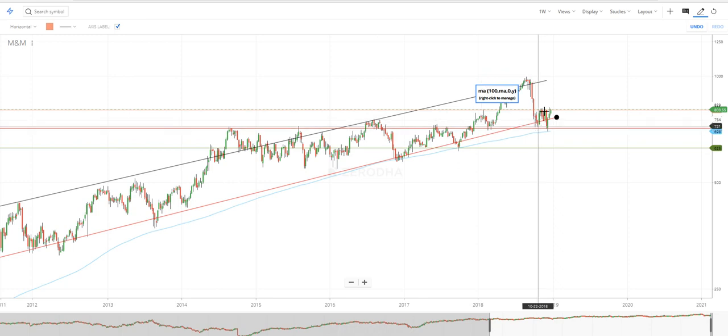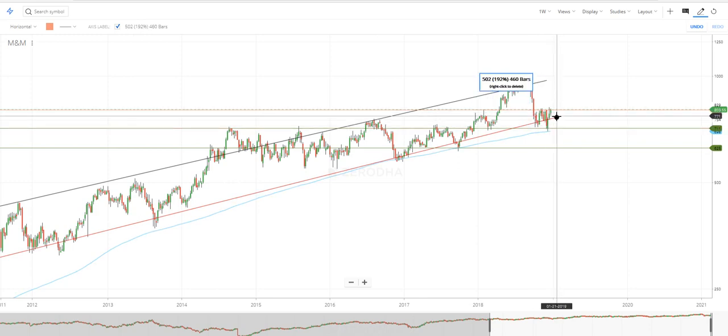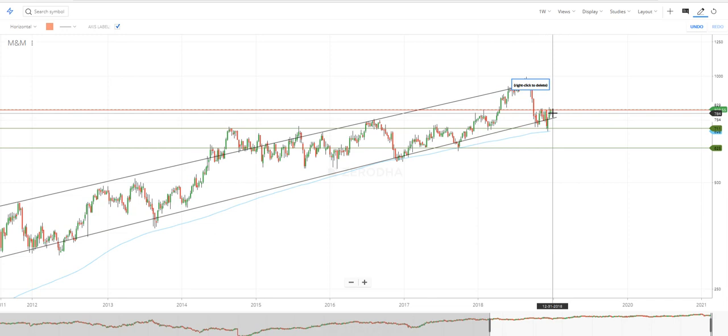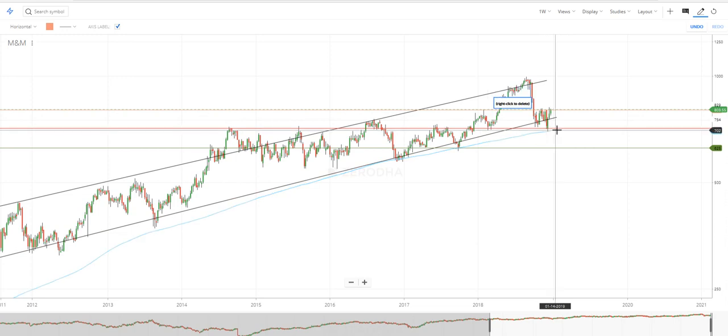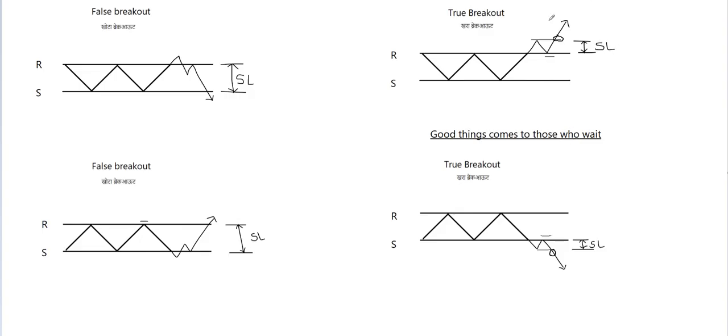It is coming down, going up, coming down, going up, right? So you should wait until you get a break above this or a break below this, right? And then again you should apply the logic of waiting. You should wait for a pullback rally and then jump into the trade, right?